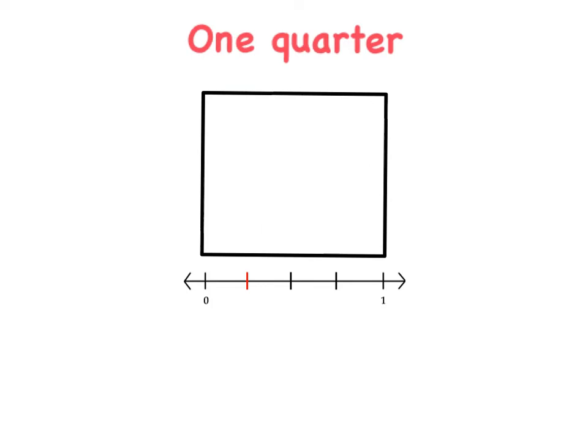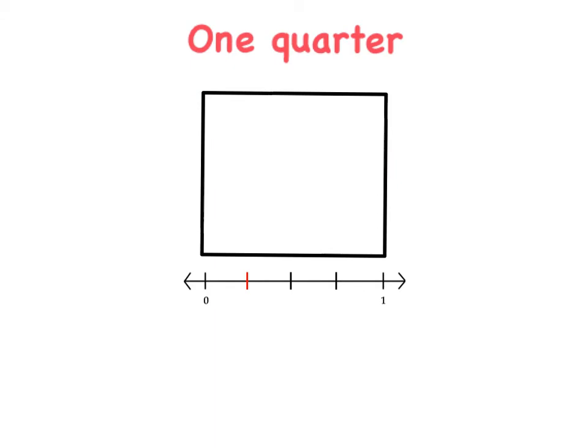Okay, let's look at representing 1/4 on a number line. So I've got my space here again between 0 and 1. There's my number line. Now we know 1/4 is more than 0 but less than one whole number, the number 1. So I've got my unit block again here, my ones block. Now that represents one whole block.